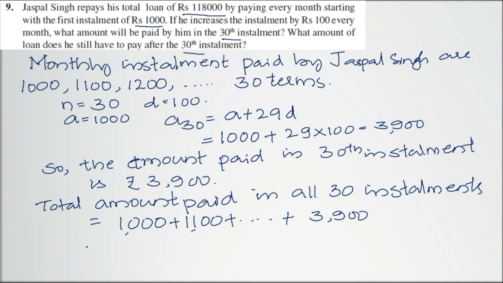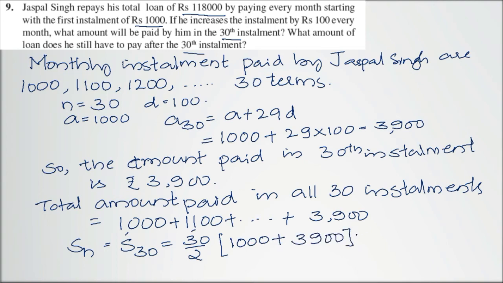Now we will find out the sum. So sum of 30 terms, S30, will be equal to 30 by 2 multiplied to A plus AN. I can use that. 1000 plus 3900. So we get it as 15 times of 4900, which will be rupees 73,500.